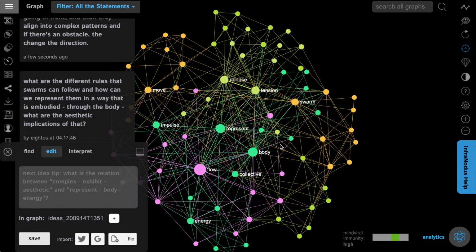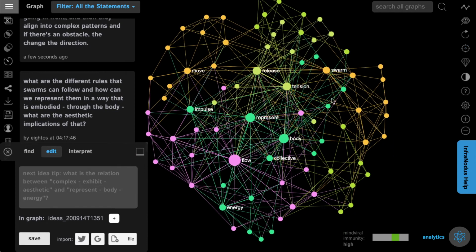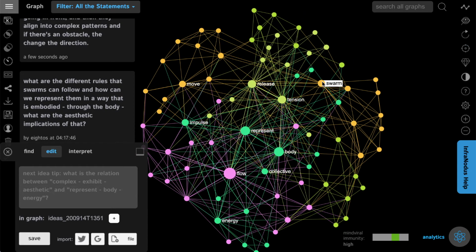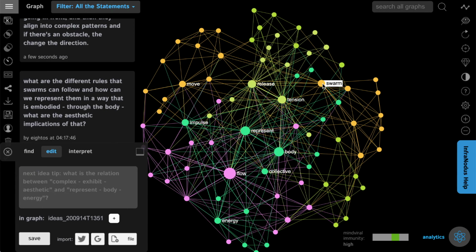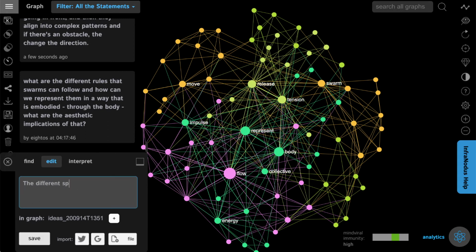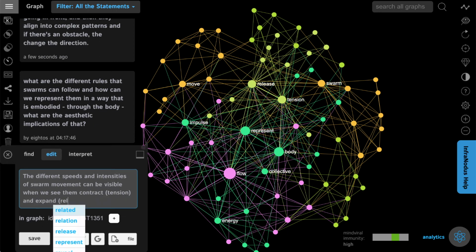Okay, add this idea, develop this part a little bit further, and then maybe also a little bit better connection with tension and release, because they're two quite important nodes, but they're not connected to swarm. So what would be the relation between tension and release? Maybe the different speeds and intensities of swarm movement can be visible when we see them contract, tension, and expand, release.